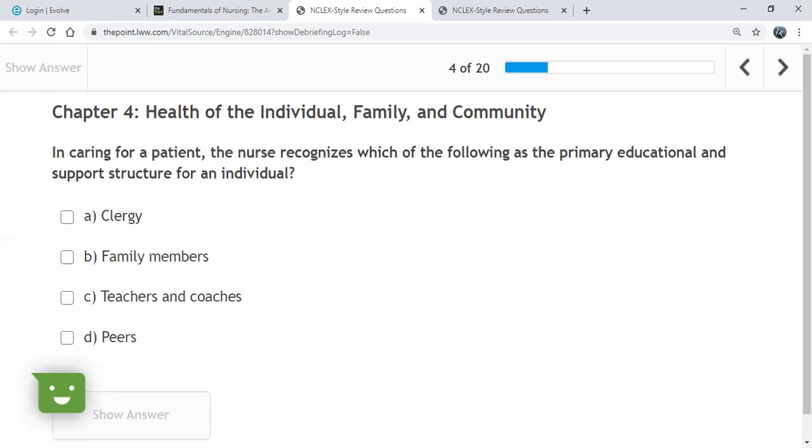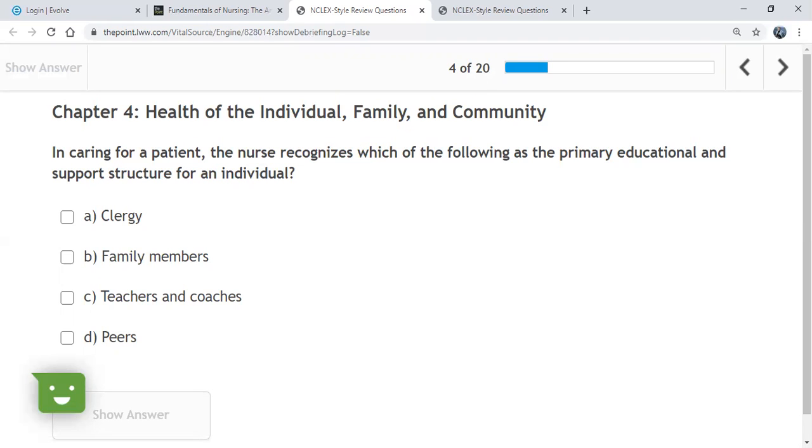In caring for a patient, the nurse recognizes which of the following as primary educational support structure for an individual. C. Everybody agree?